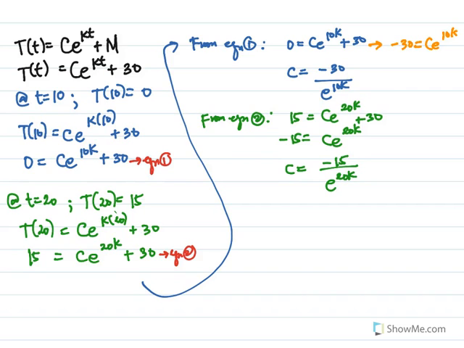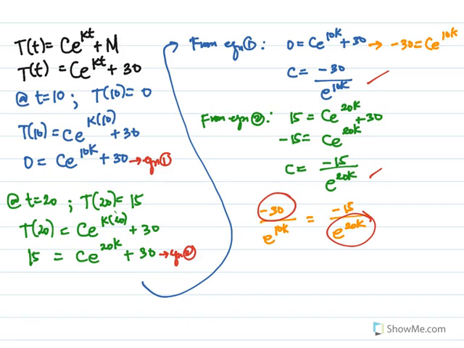And these two are both expressions for the same arbitrary constant, capital C. So you can equate the two right-hand sides such that your negative 30 over e to the 10K is equal to negative 15 over e to the 20K. So pwede nating pagpalitin itong dalawang to.